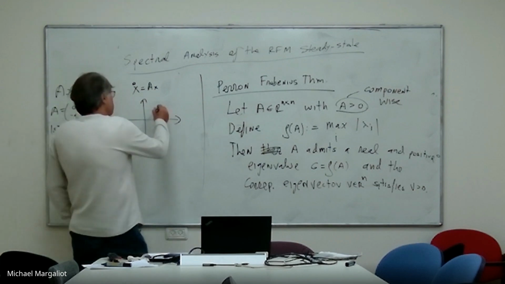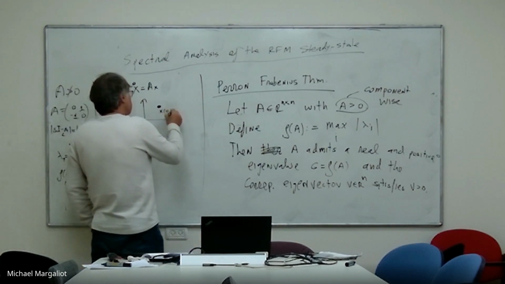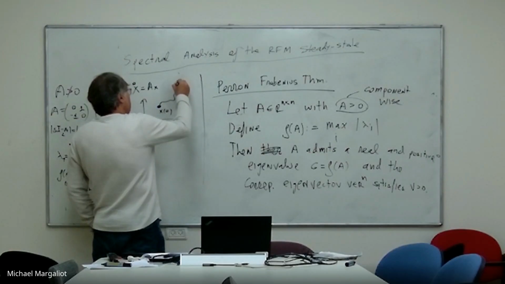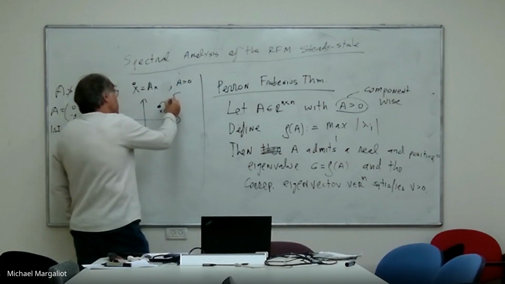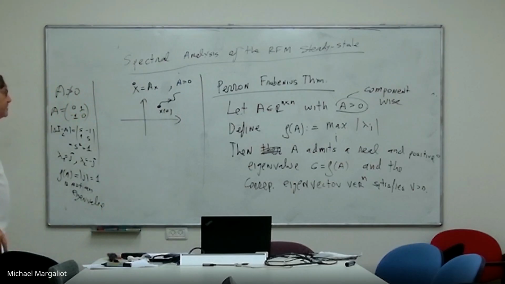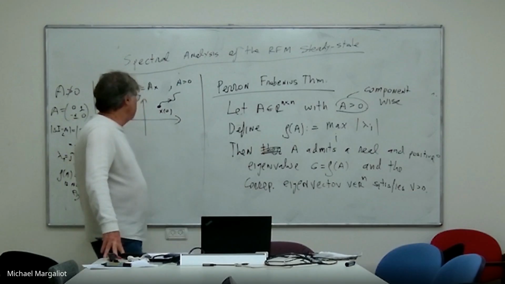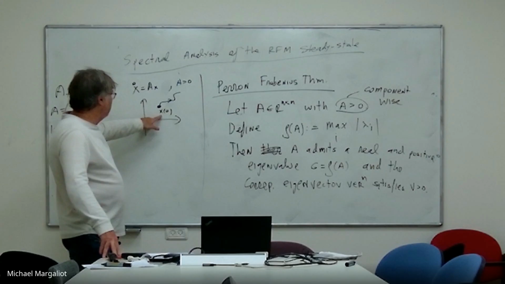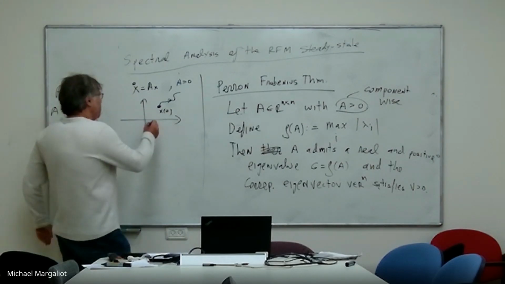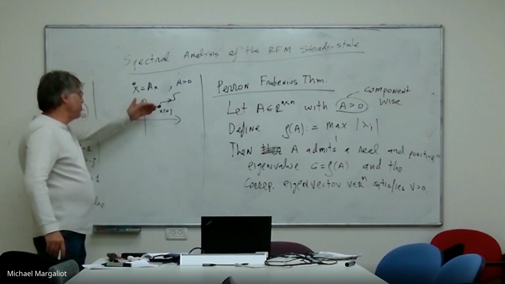If you start here somewhere, I claim that when A is positive, you will always stay here. We know this because A is Metzler, right? If all the entries are positive, then in particular the off-diagonal entries are non-negative. So A is Metzler. So for a positive initial condition, we stay positive all the time.